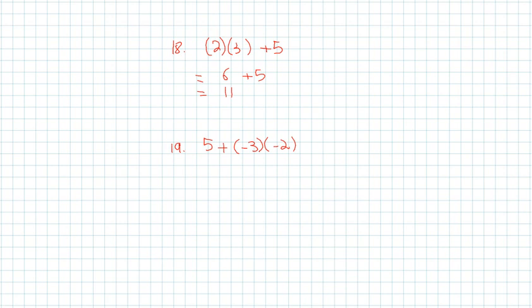Negative 3 times negative 2 plus 5. Or you can read it as 5 plus negative 3 times negative 2. I know why you're reading it this way, because you have to do this first, right? That math tells you you have to do the multiplication first.